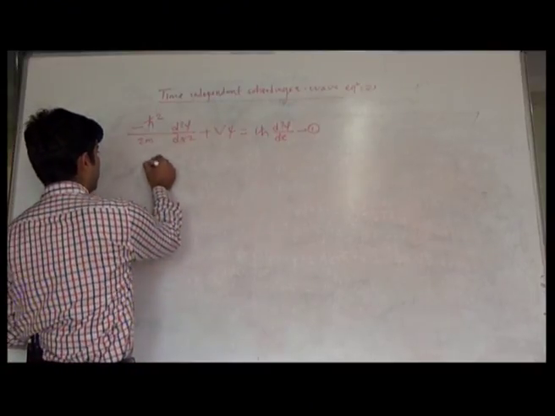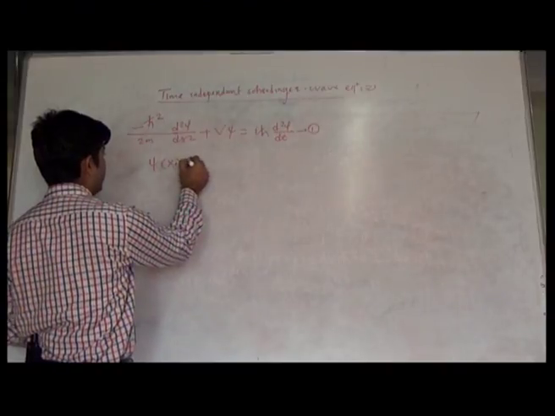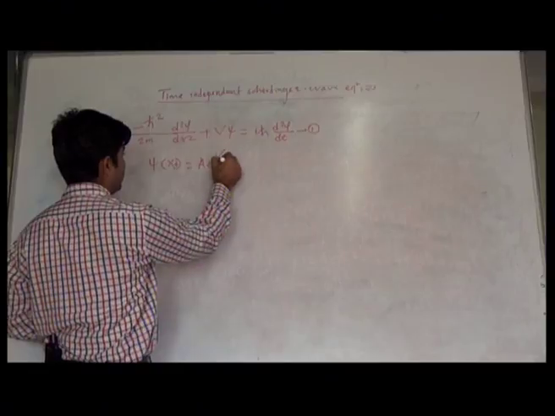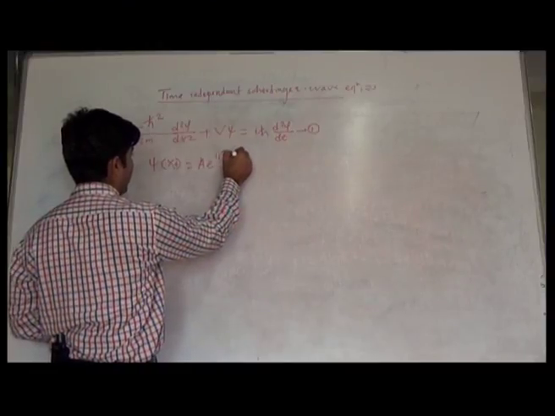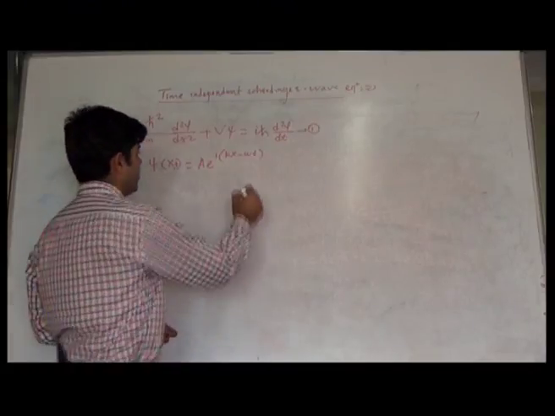That wave function was psi, a function of x and t, which is equal to A e raised to i (kx minus omega t), equation number 2.